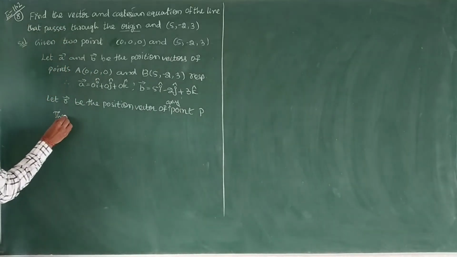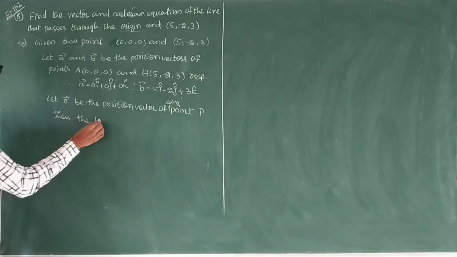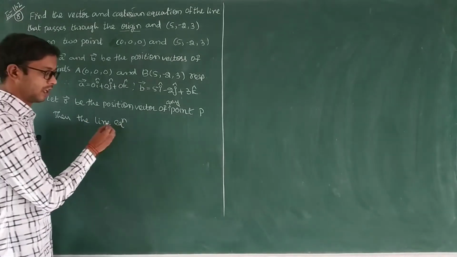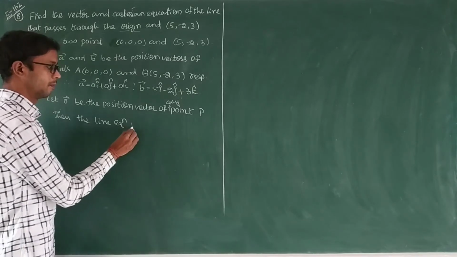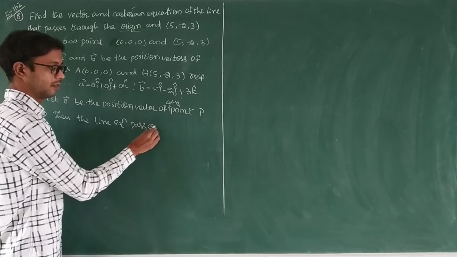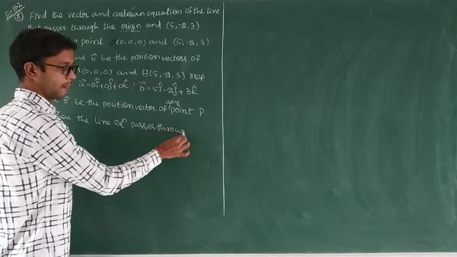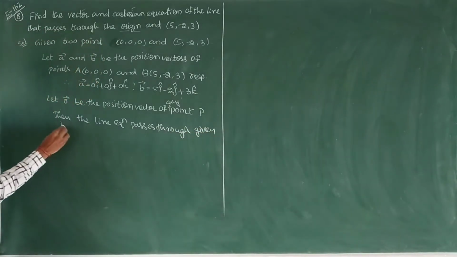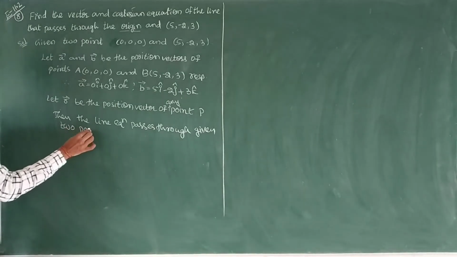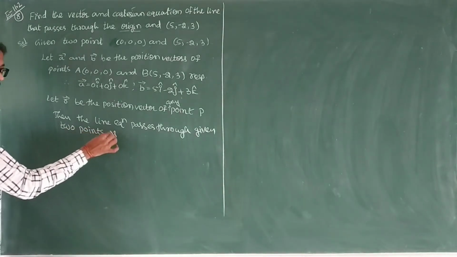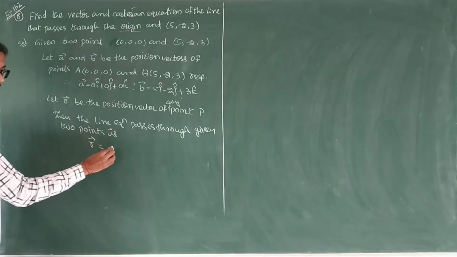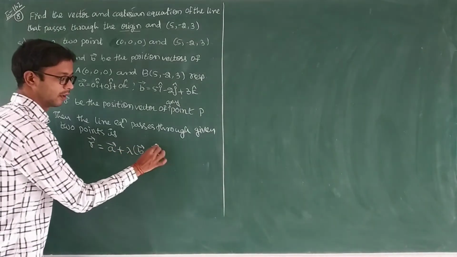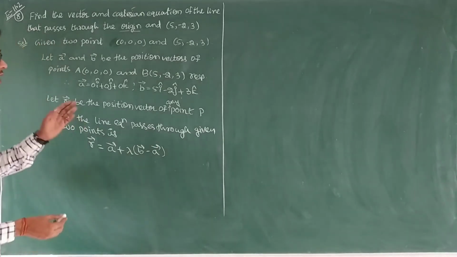Then the line equation that passes through given 2 points is r bar equal to a bar plus lambda into b bar minus a bar. So just here substitute the values.